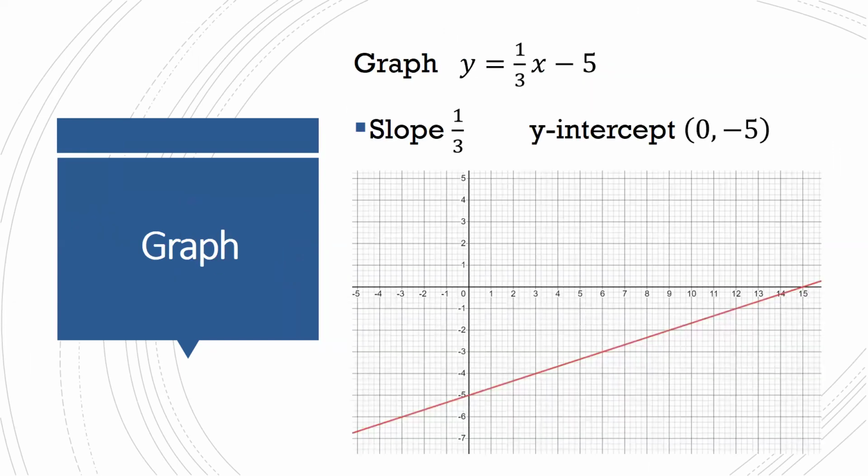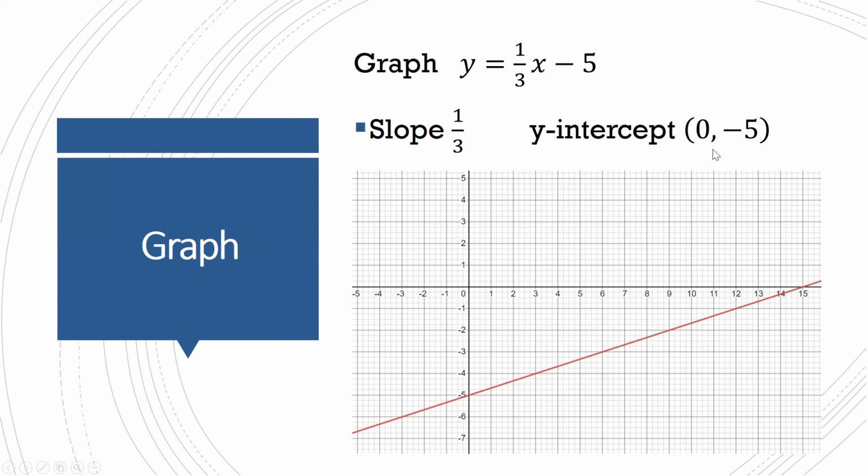For instance, in other videos on this channel, we've graphed the equation of a line. And if our equation of a line is y equals 1/3 x minus 5, I can immediately see that the slope of that line is 1/3, and the y-intercept of that line is (0, -5).